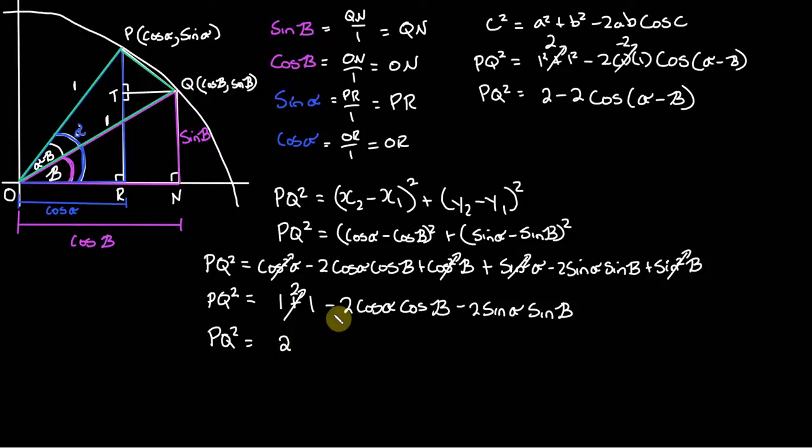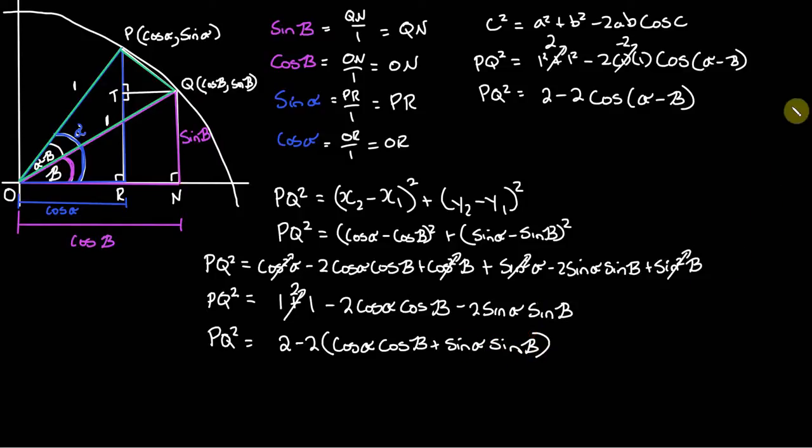We're going to factor out a negative 2 here. So in other words, we're going to get 2 minus 2 times cos alpha cos beta plus, right, because it's negative, we pull it out, so it's going to be plus sine alpha sine beta.